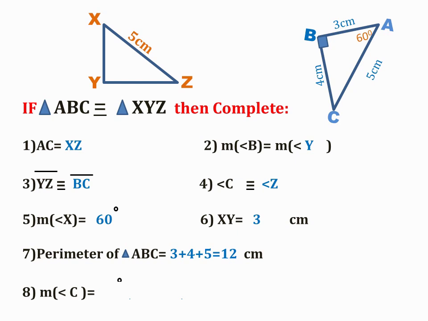Yes, it's a right angle at B, and this angle measures 90 degrees. To get the third one, you have to remember that the sum of the three angles of any triangle is 180 degrees. So to find the third angle, we're going to take 180 minus the sum of the other two, so you will have 30 degrees.